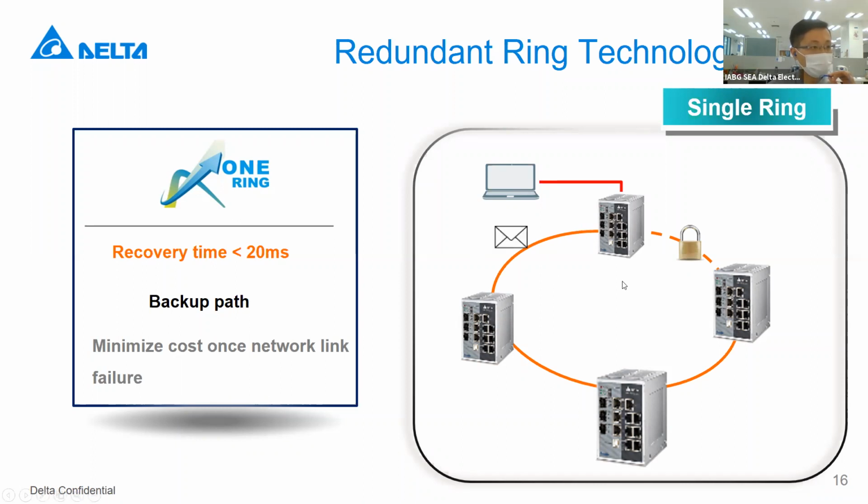You can see before, we send the message from here to here, but if this part falls down, we can use another route to send the message. No problem.